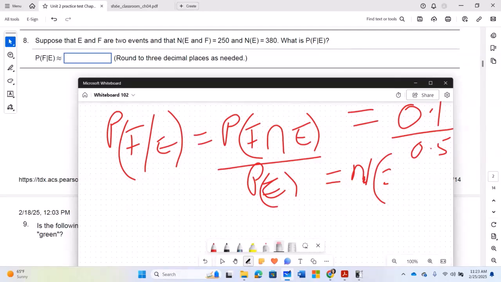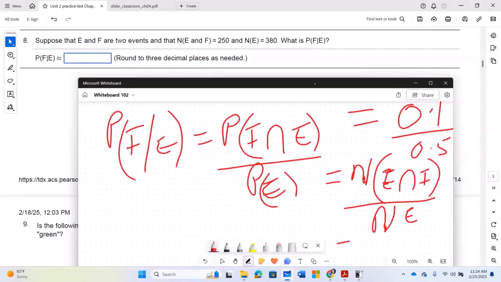So let me just write it in. N of E intersection F all over N of E. These are numbers, counts now.